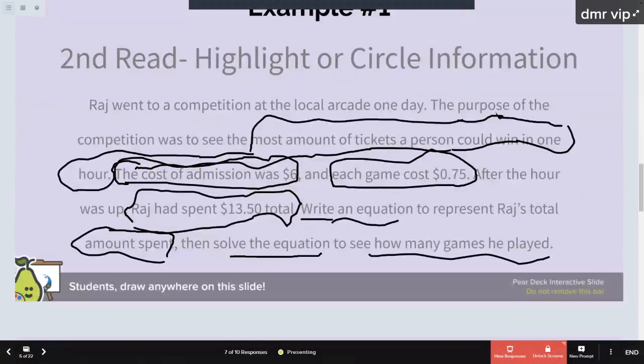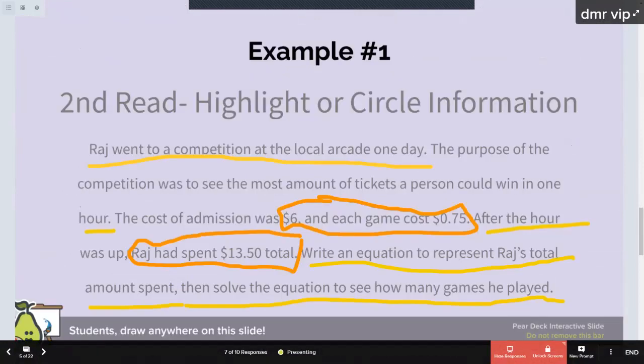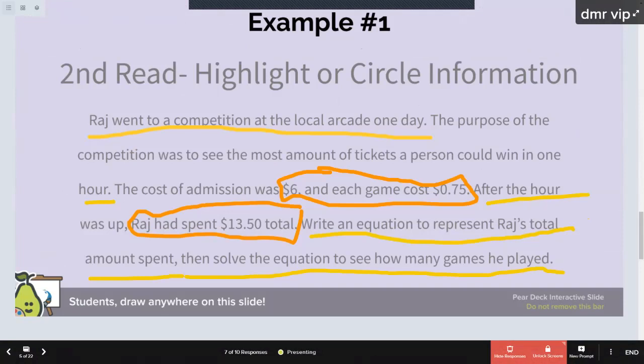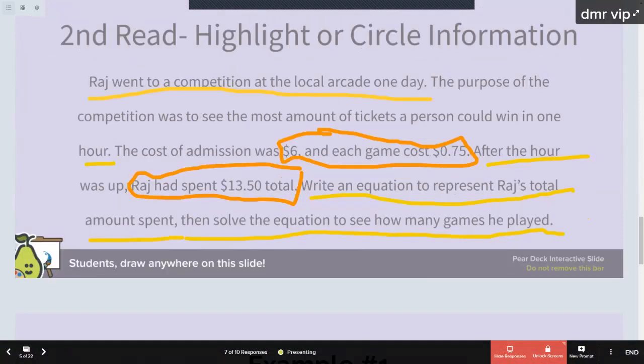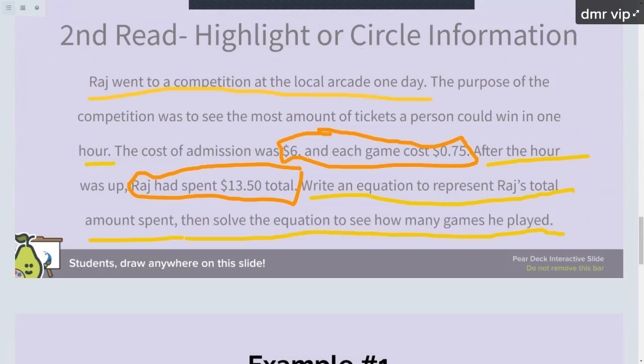Didn't need the first part. This is good. Write an equation. Total amount spent. Yeah, it looks like you're finding. This first sentence is completely irrelevant. $6. So it's good to understand the context of a math problem, mostly because if you understand the context of the problem, it'll help you keep from getting ridiculous answers.